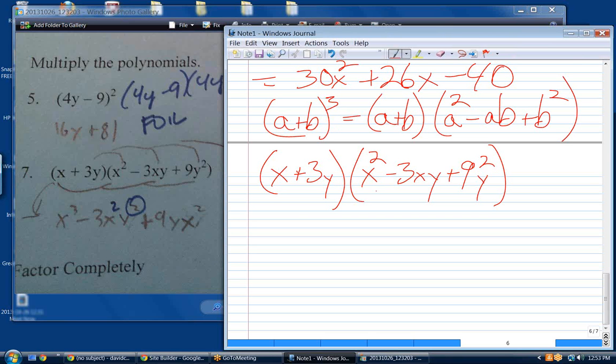So if we know that and we're looking at this, we can see that we're looking at a there and b there. Yeah. So I could save myself some trouble and know that that's got to be a plus b cubed, which is x plus 3, whoops, hold on.